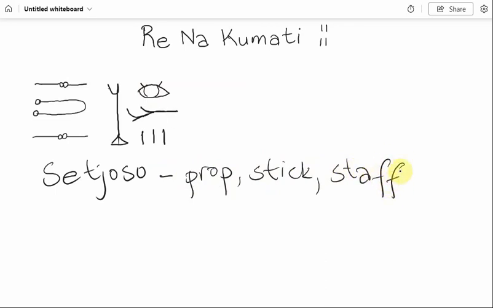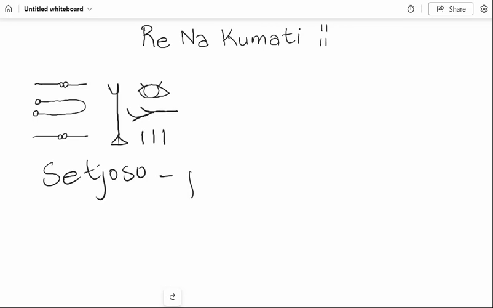That's what this is. Or even this word, you can read it as Setjosa. Setjosa will still mean the same thing.